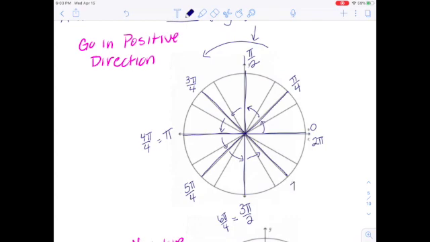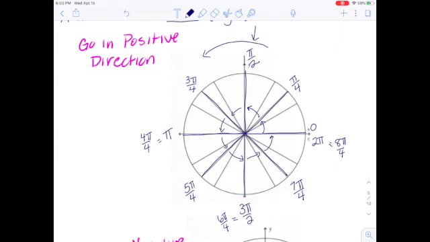Keep going. 6 pi over 4 plus another pi over 4 would be 7 pi over 4. And all the way around in fourths would be 8 pi over 4, which is already simplified to be 2 pi. All right, so that's your unit circle cut up into fourths or pi over 4s.